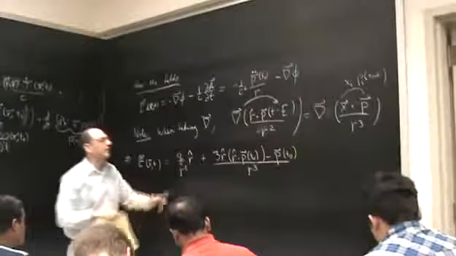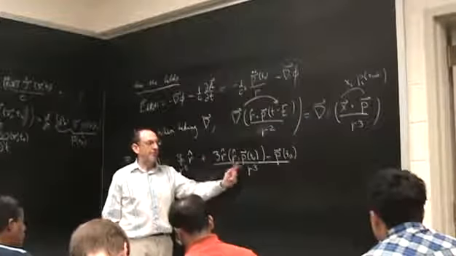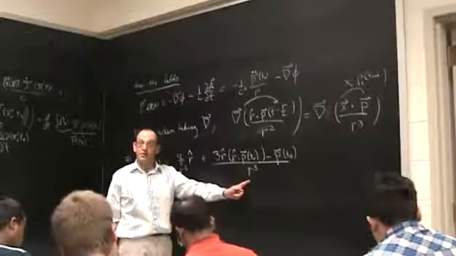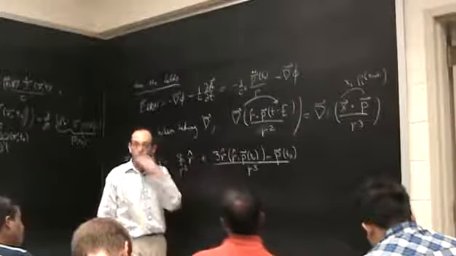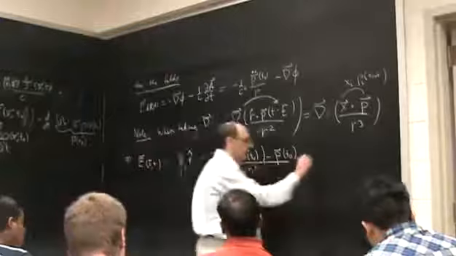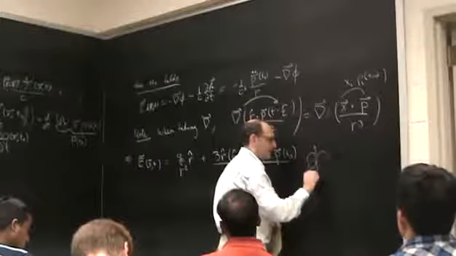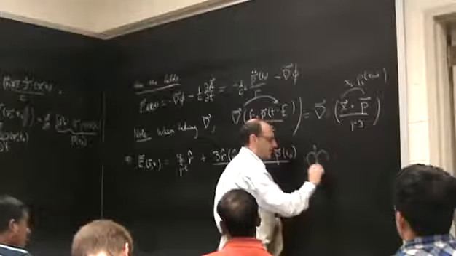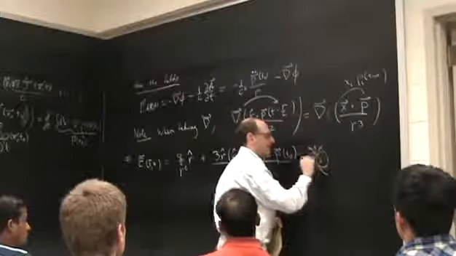So the field of an electric dipole in statics, you remember, falls off like 1 over r cubed. And this is the anisotropic dipole field, the one that looks like that. That's this.